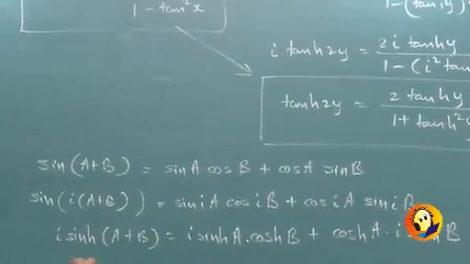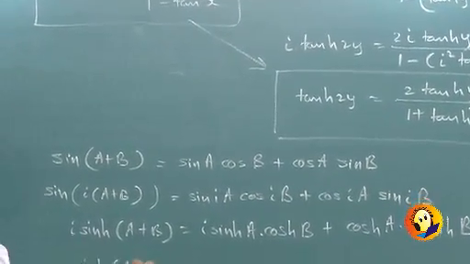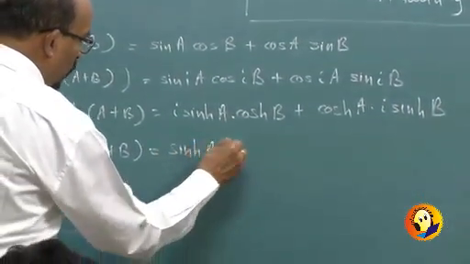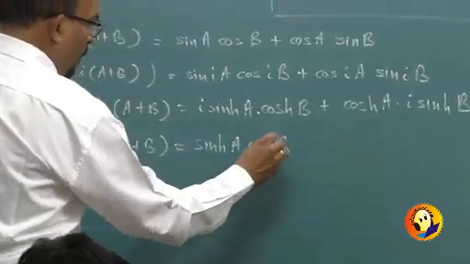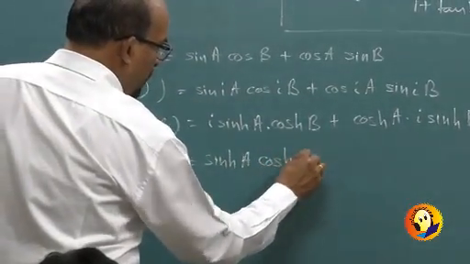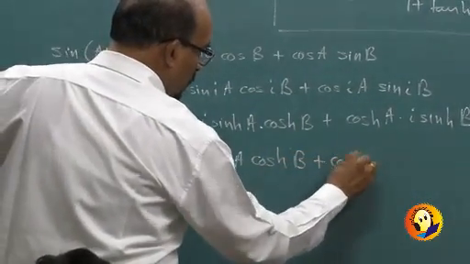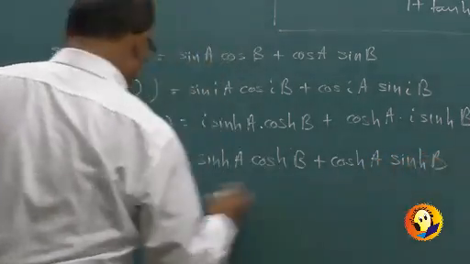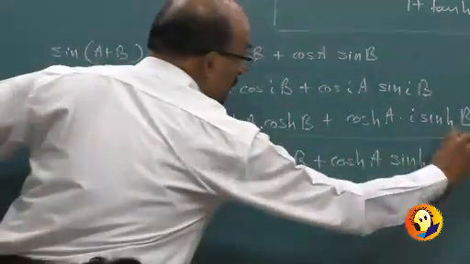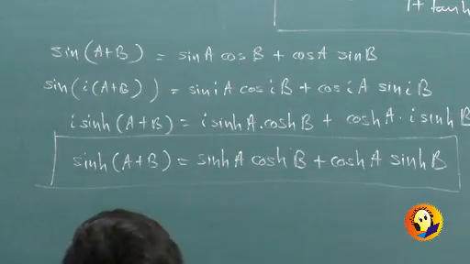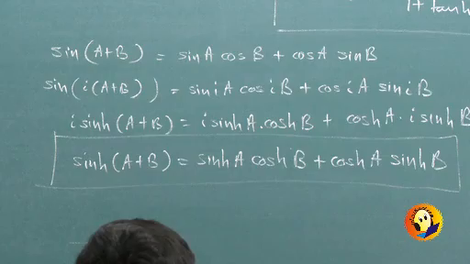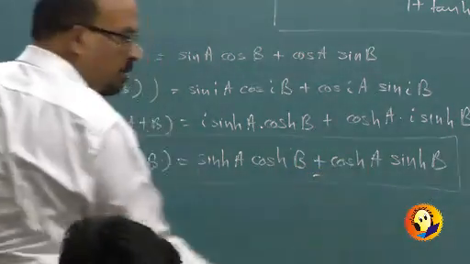We get the formula sin of A plus B is sin A cos B plus cos A sin B. Formula again remaining same. So obviously for minus it will be minus.